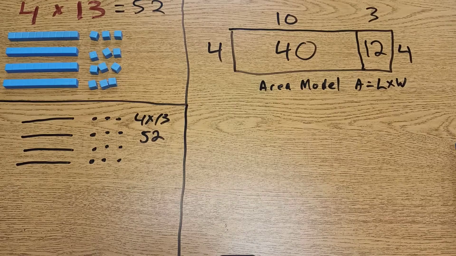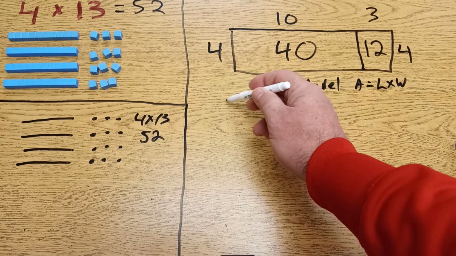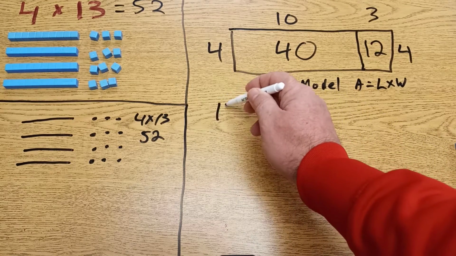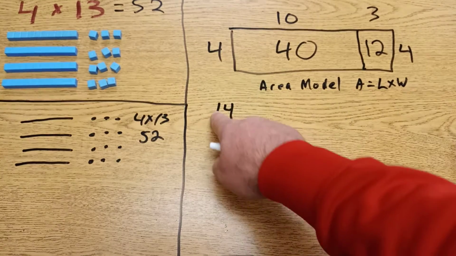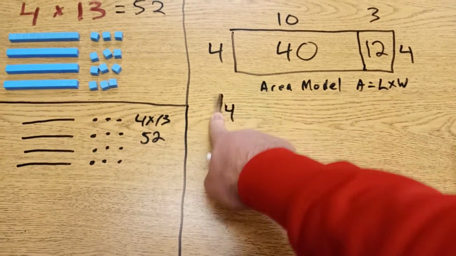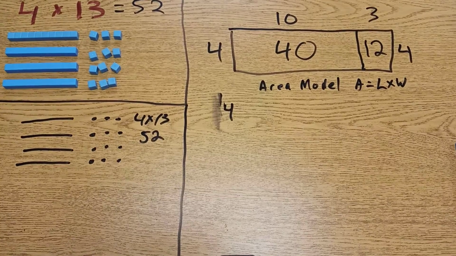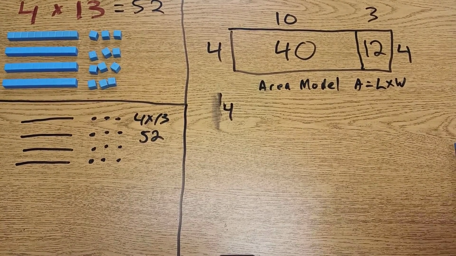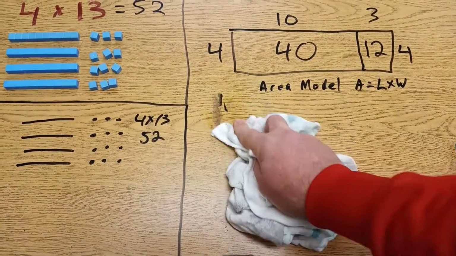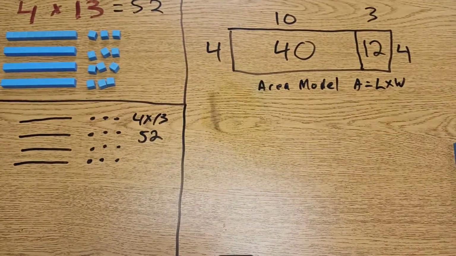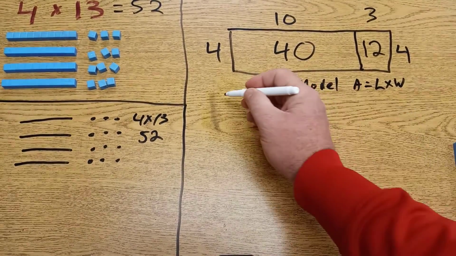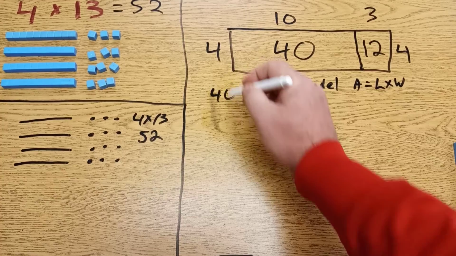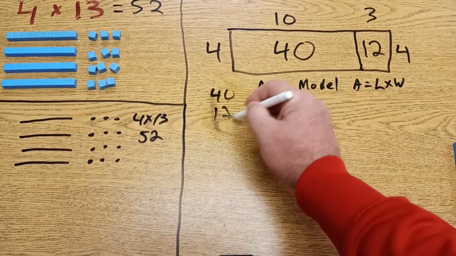Okay, next thing I would do is go ahead and add 40. Sorry, I tried to draw 14 there. So that would be 40 plus 12.